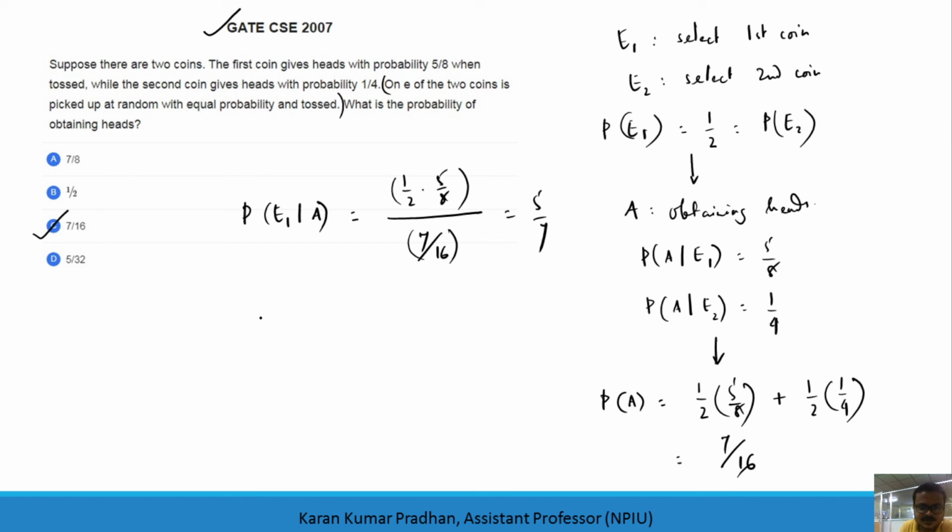And if the second coin is selected, this will be 1 minus the previous probability, so you will get 2 out of 7. These are different, but these are not asked in this question.